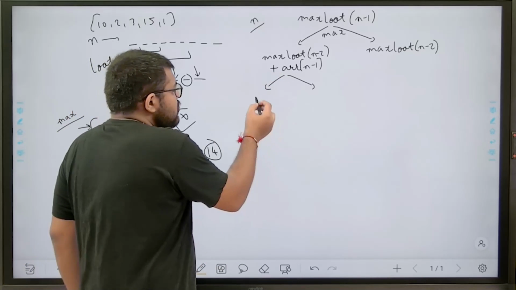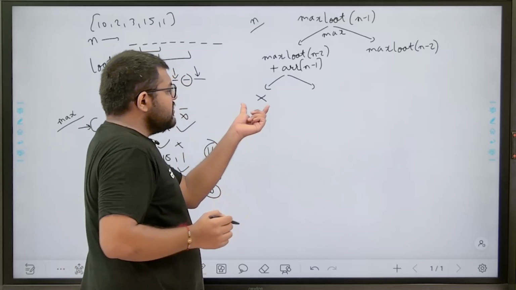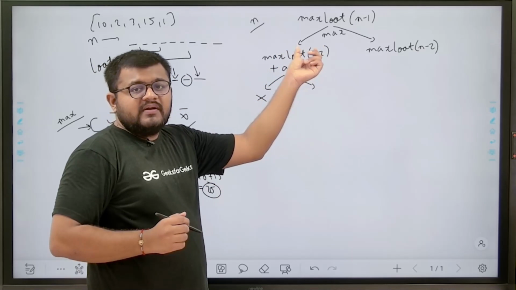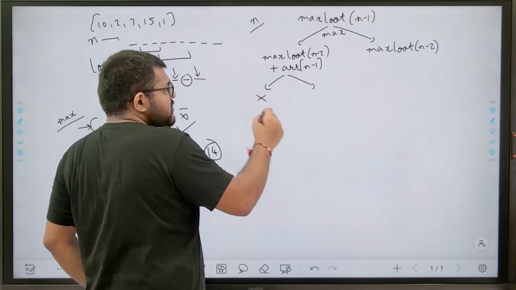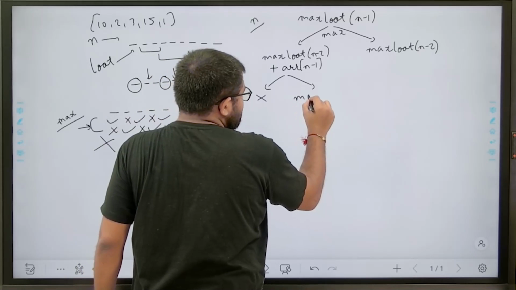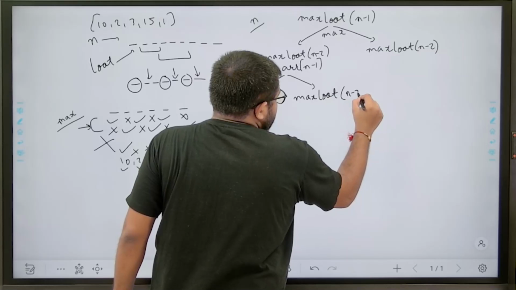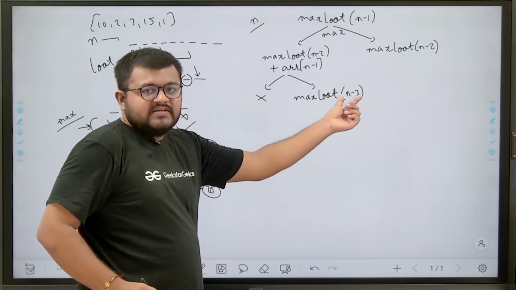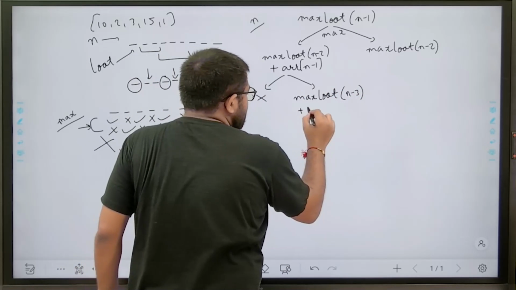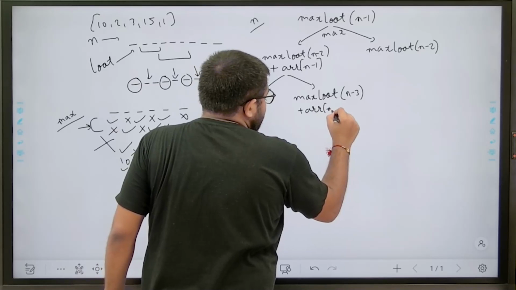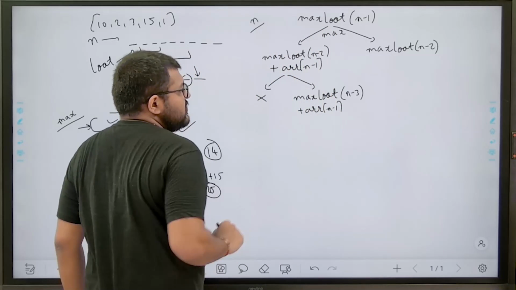So it will be equal to max loot possible out of the houses from index 0 to index n minus 3, plus array of n minus 1, because I considered that in the first step.